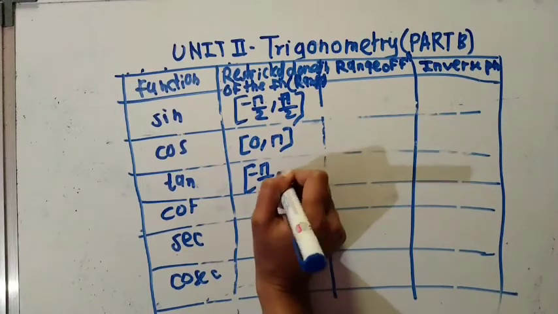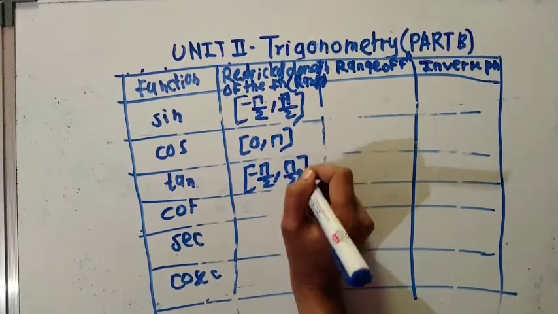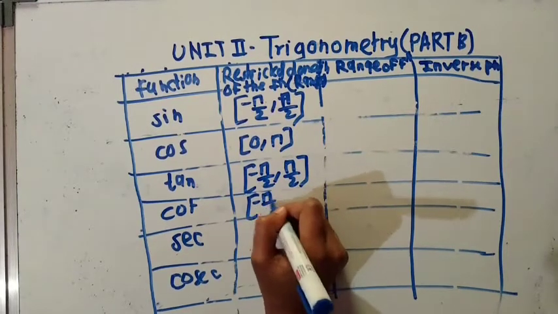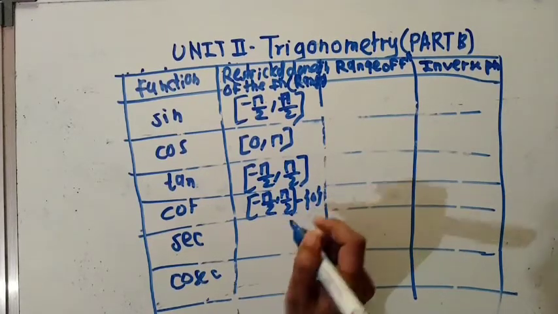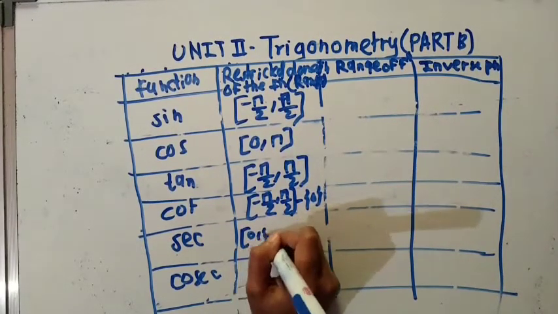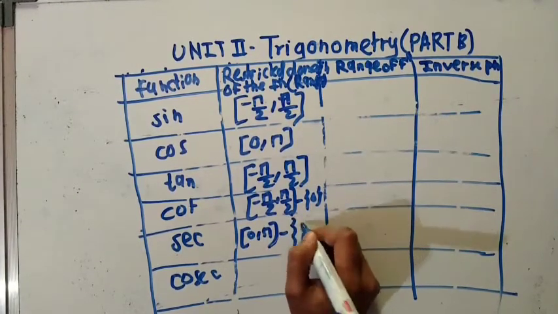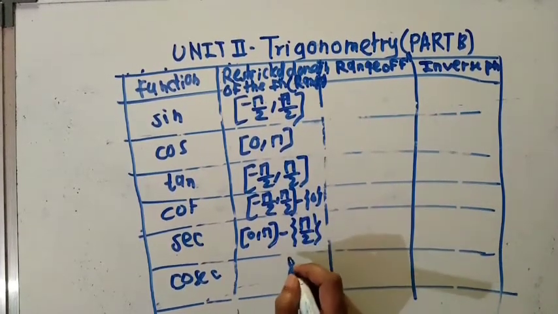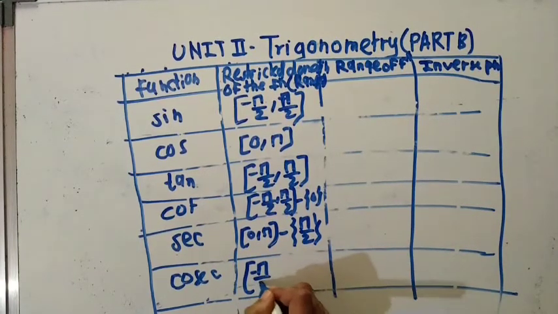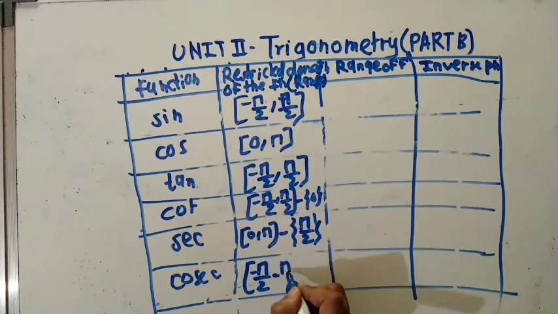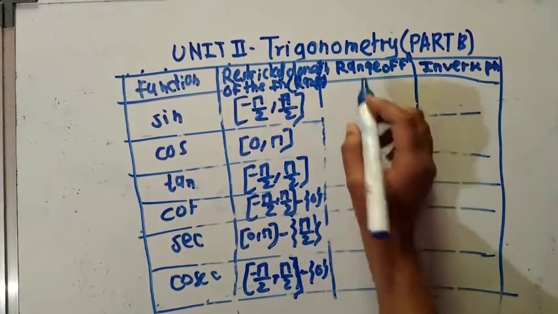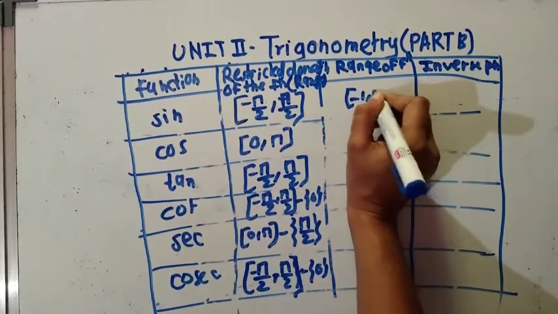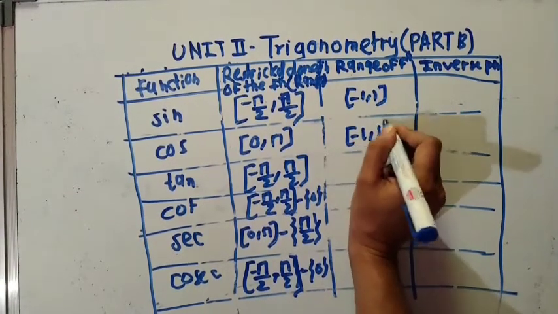Then the range of the function is minus 1 to 1, and R is the real numbers, then R minus the interval minus 1 to 1.